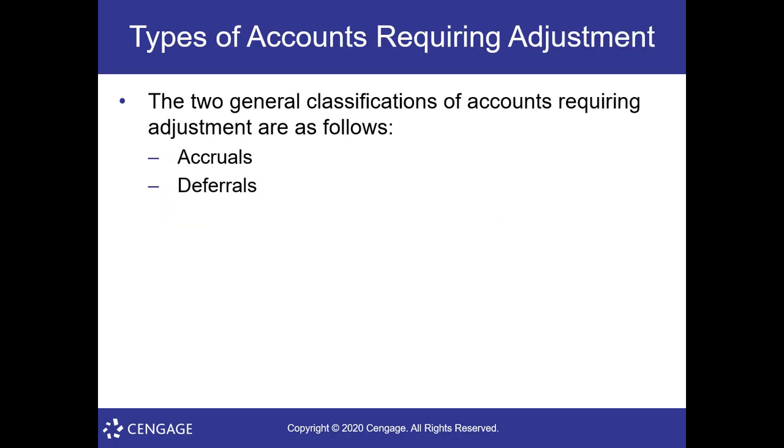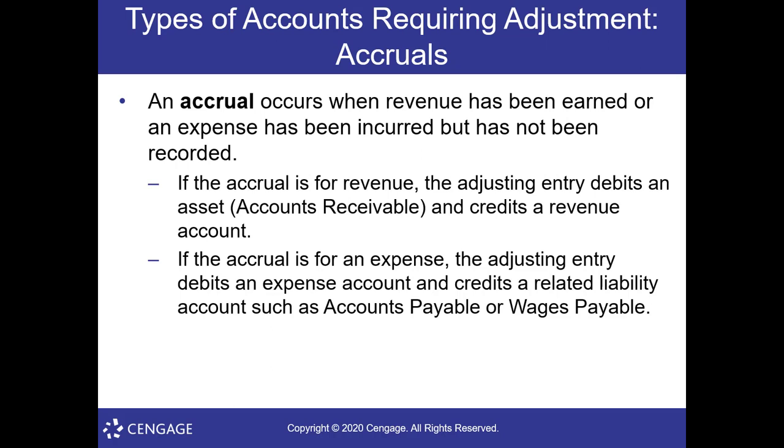There are two types of period ending adjustments. There are accruals and deferrals. So an accrual occurs when a revenue has been earned or an expense has been incurred that has not yet been recorded. So in this case, no cash has changed hands, either prior or on the date of the transaction.